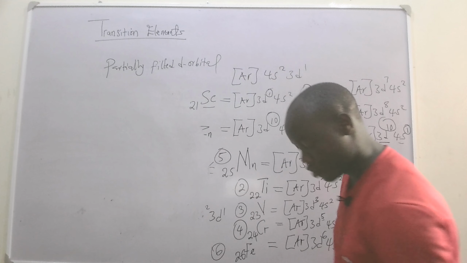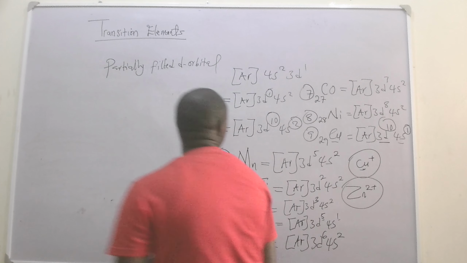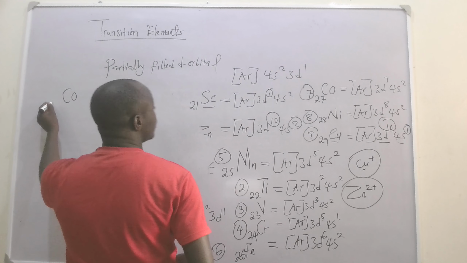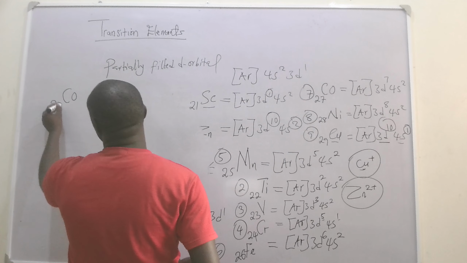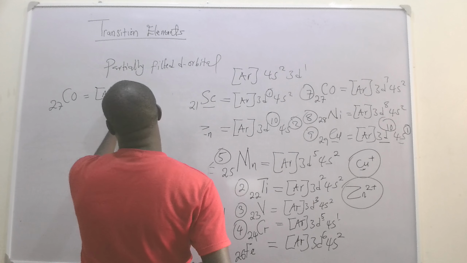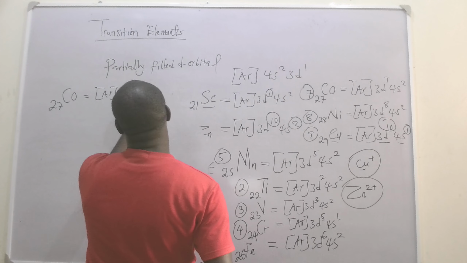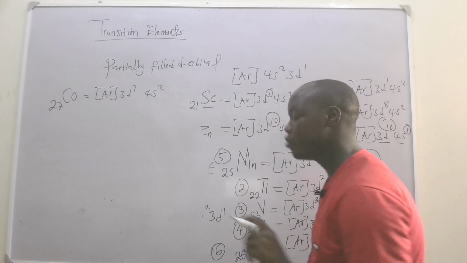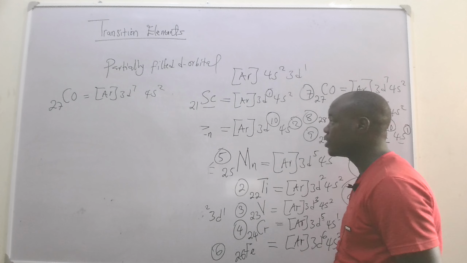One very important thing here, we also need a good understanding of Hund's rule of maximum multiplicity. So cobalt is 27, and we have the configuration with 3d7 and then 4s2. Where do you expect the 25th electron?